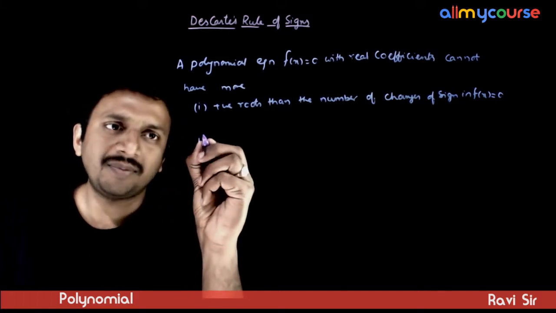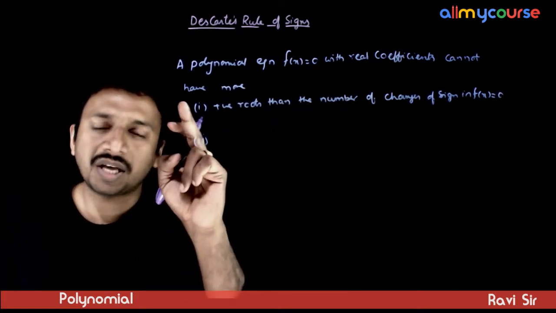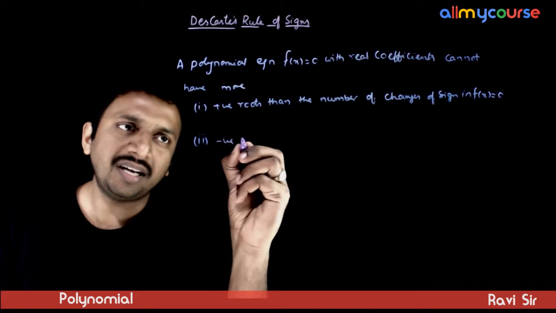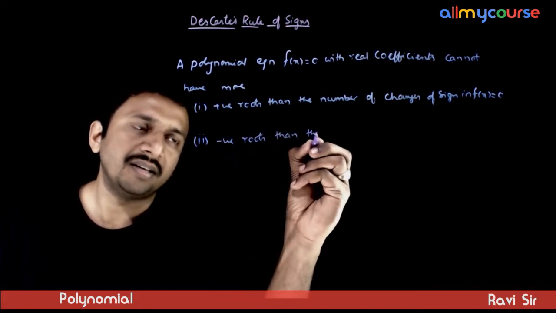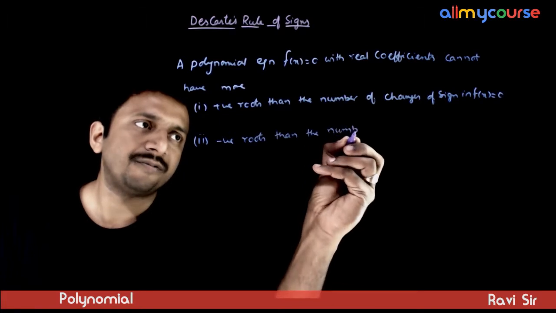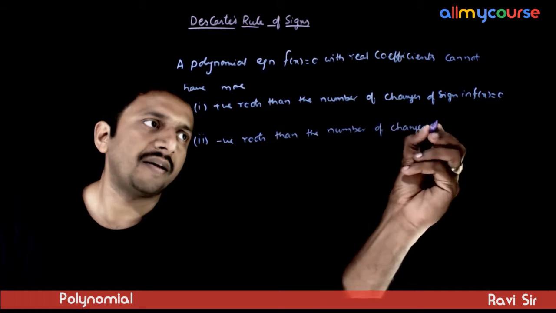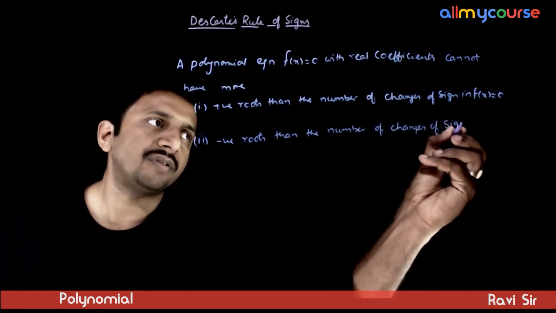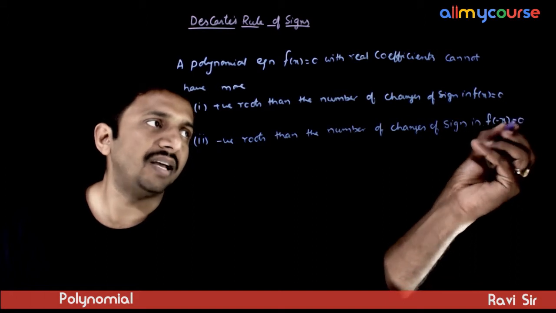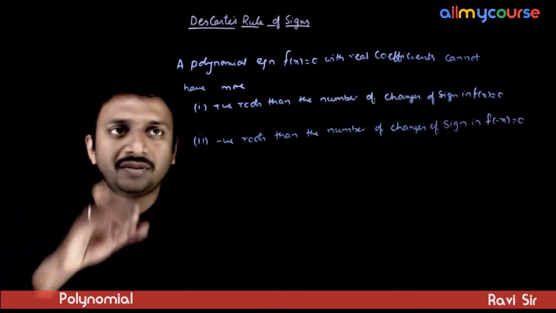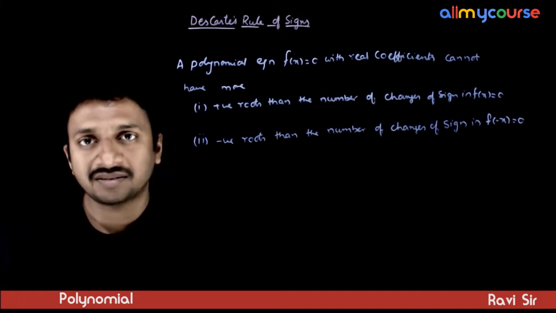And the second statement is that the polynomial equation with real coefficients cannot have more negative roots than the number of changes of sign in f of minus x is equal to 0. So these two statements combinedly form the Descartes rule of signs.